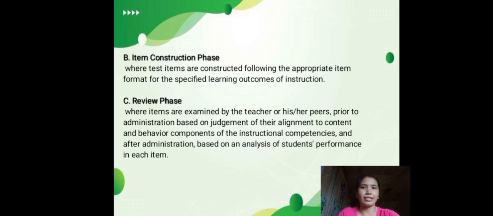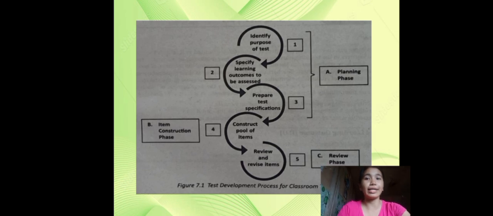So, as we can see in figure 7.1, test development process of classroom tests, it is first to identify the purpose of test, second, to specify learning outcomes to be assessed, third, to prepare test specifications, and fourth, construct pool of items, and lastly, review and revise items. Ito na yung sinasabi ko na kinakailangan nating i-review yung test na ginawa natin.